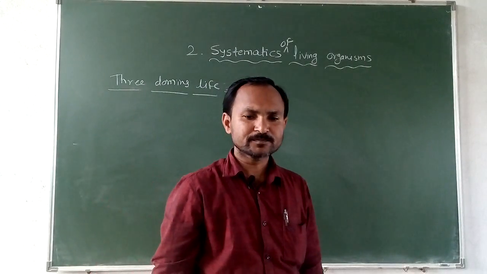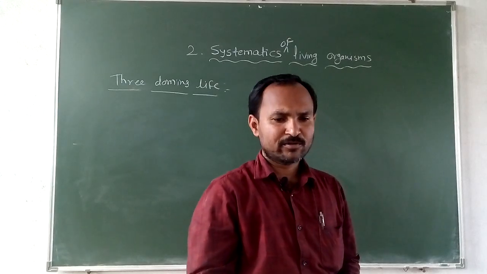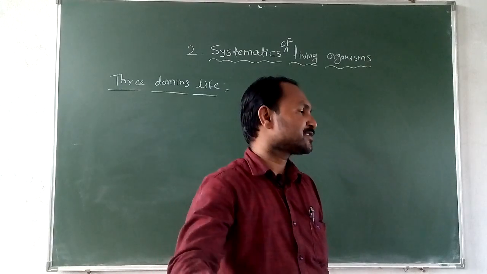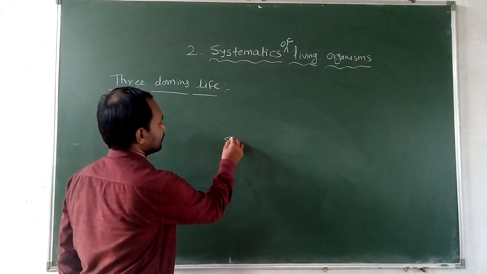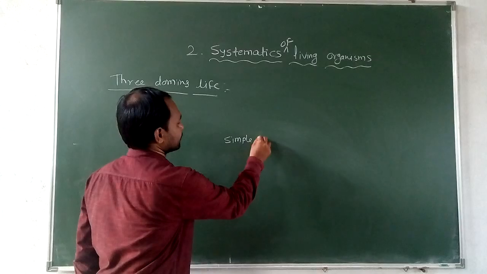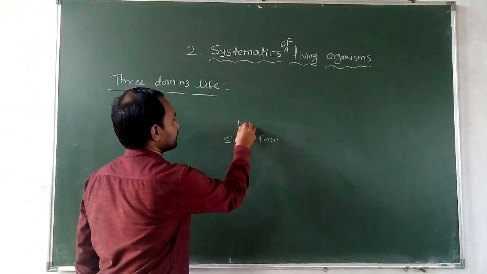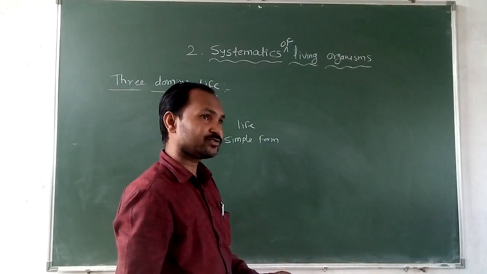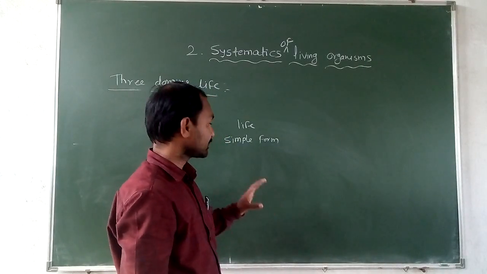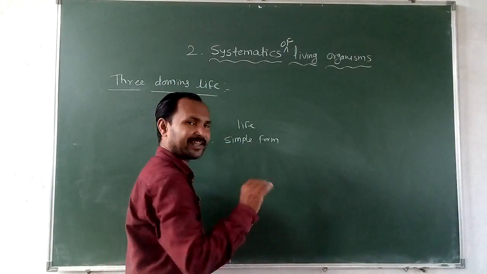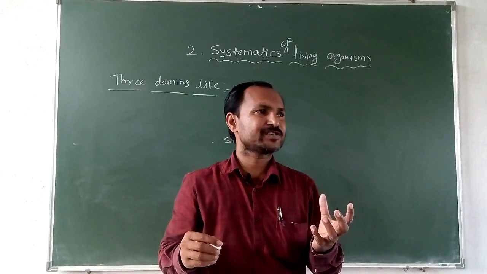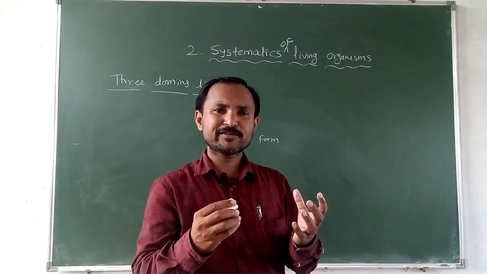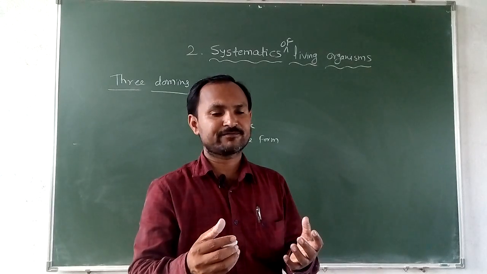At that time life was in a very simple form, meaning when life was first formed on the earth, it was very simple, made only of protein molecules and water molecules.